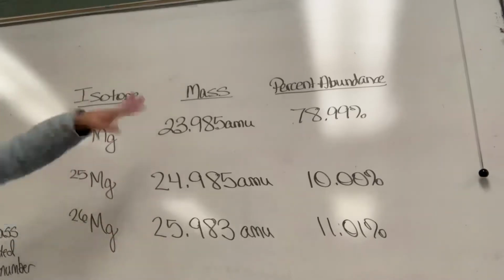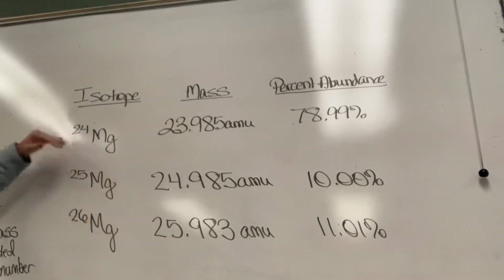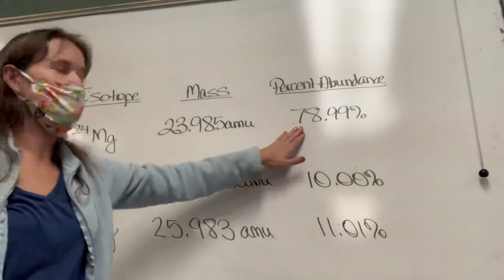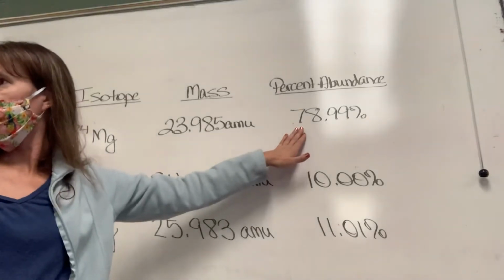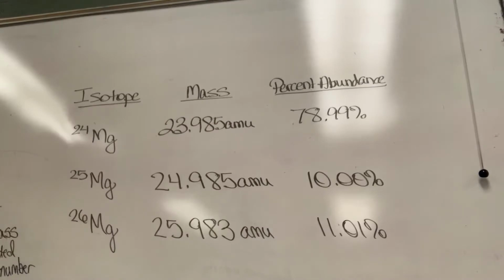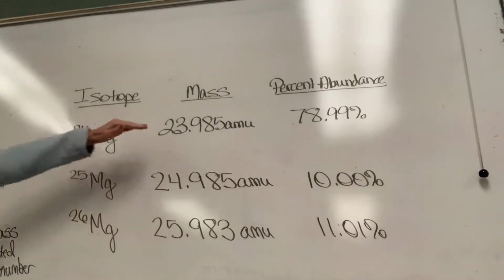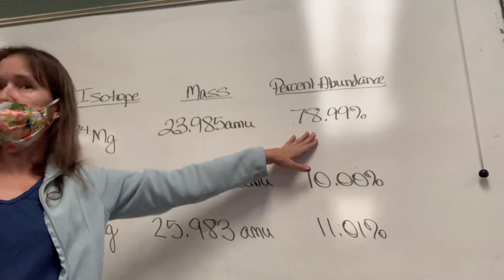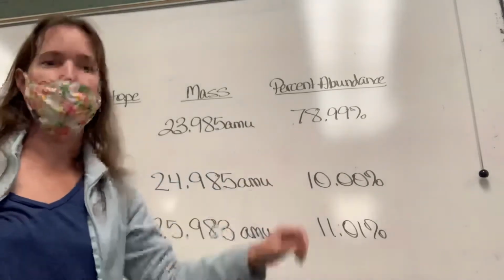And then you also need the percent abundance because the 24 isotope is not equivalent to the 25, because most of the isotopes are the 24. And so what you do to figure out the atomic mass is you take the mass of the isotope and you multiply by its percent abundance, but you do the abundance in decimal form instead of percent form.